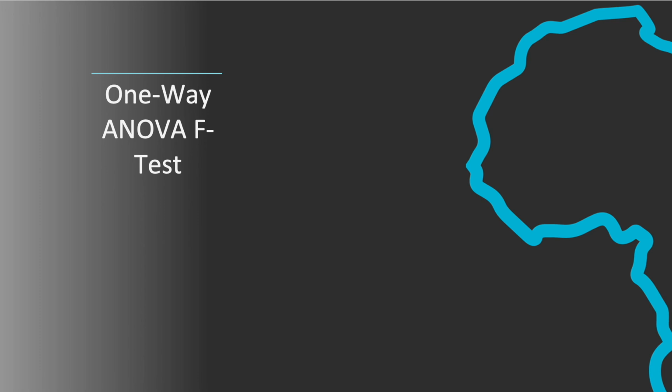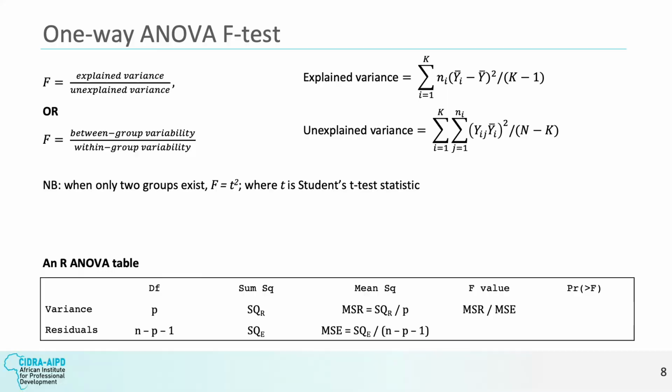Now let's look at one-way ANOVA F-tests. As I mentioned before, the F-test can be used to test for equality of variances. A one-way ANOVA F-test is used to check if the expected values of a variable within predefined groups differ.